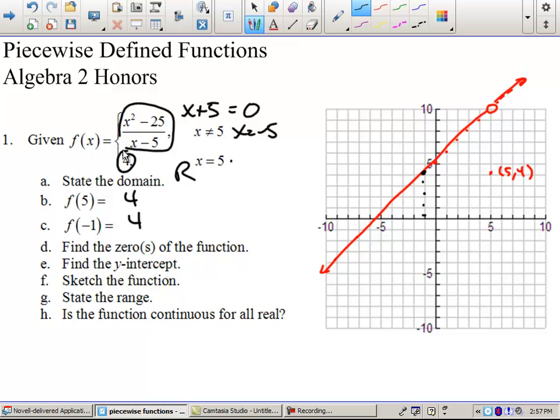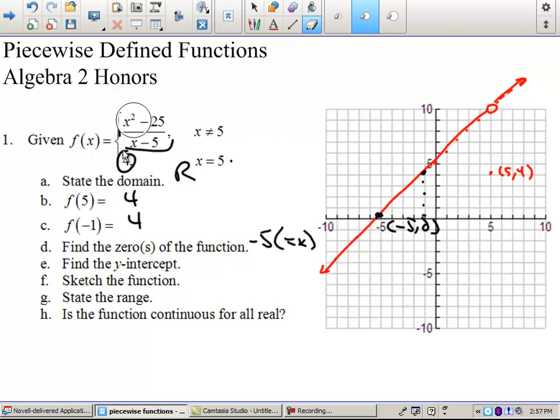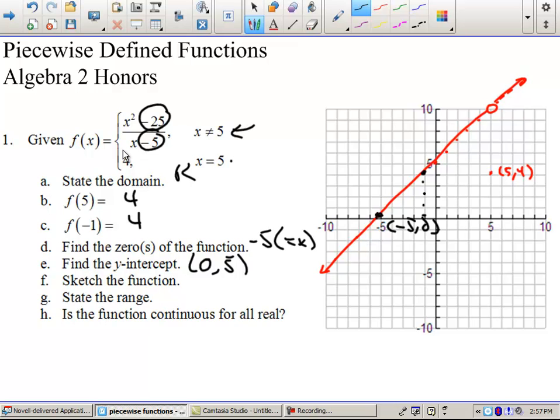I must have a 0 at negative 5. The y-intercept I can find by plugging 0 in for x, into the equation that actually uses the 0, which in this case is the upper equation, the one that's not equal to 5, and I'll get negative 25 over negative 5, which is 5, so my y-intercept is (0, 5).